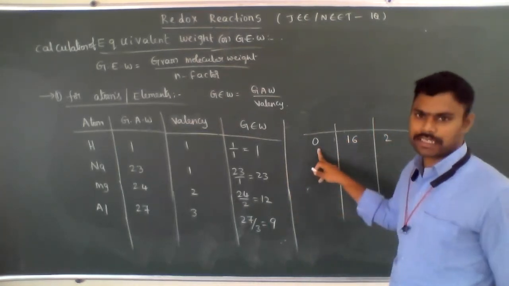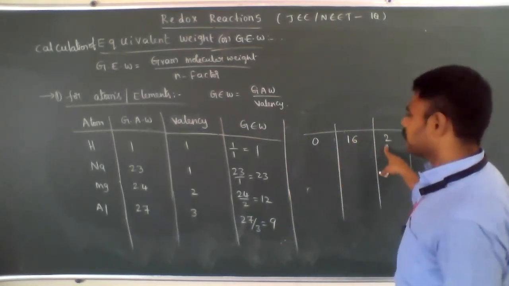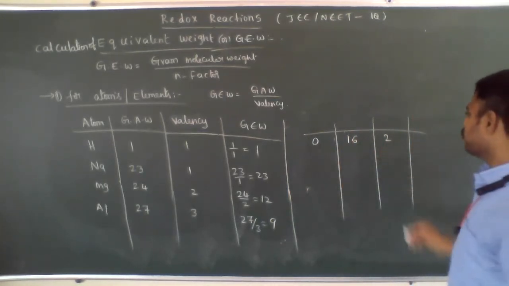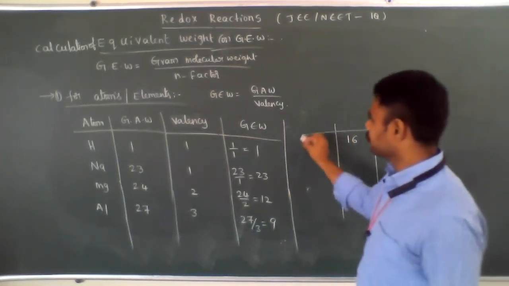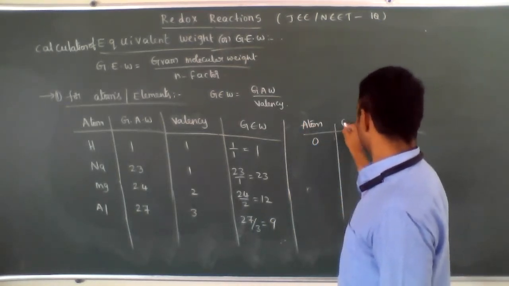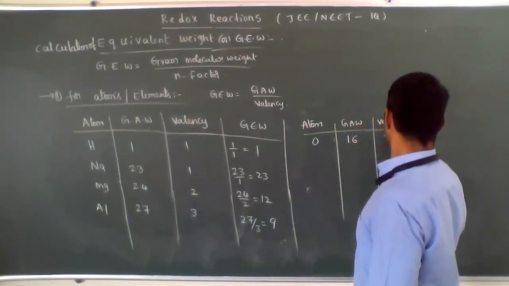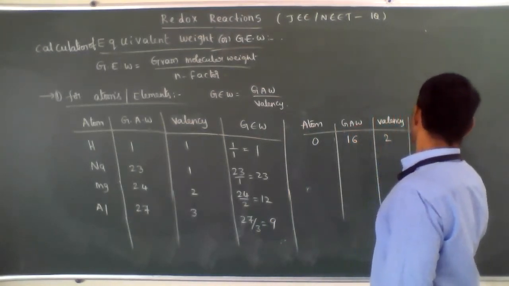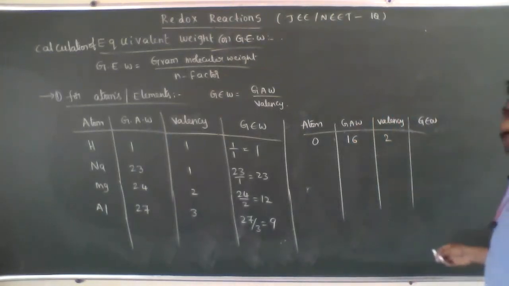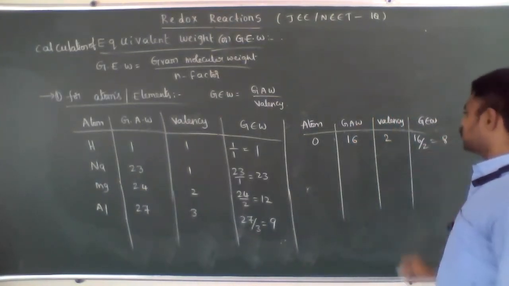Okay, sorry, 2 electrons are required. Then its valence is 2. Gram equivalent weight is equal to 16 by 2 is equal to 8.